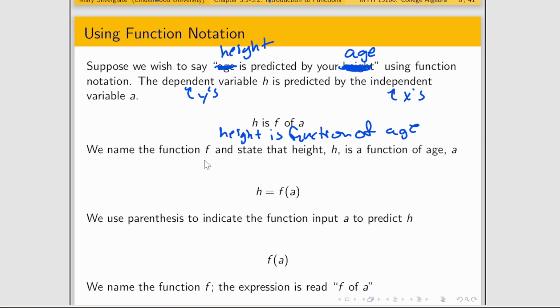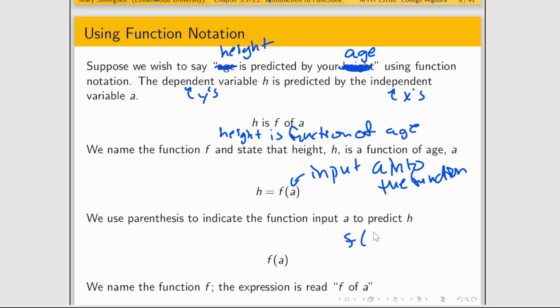But we're just going to call it f for simplicity. We name the function f and state that the height h is a function of age. So h is equal to f of a. The parentheses here say input a into the function. So that's exactly how you would see it listed here as f of a.